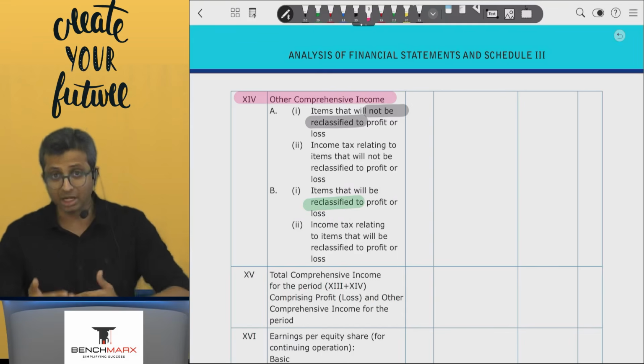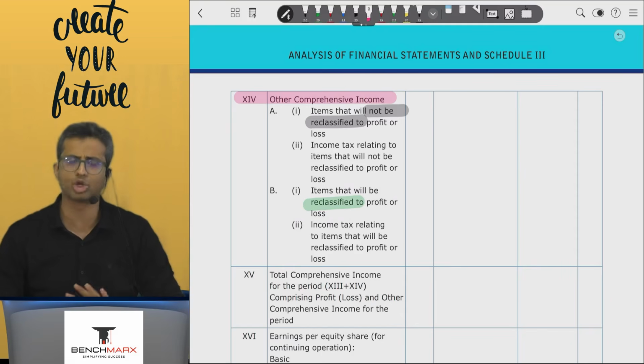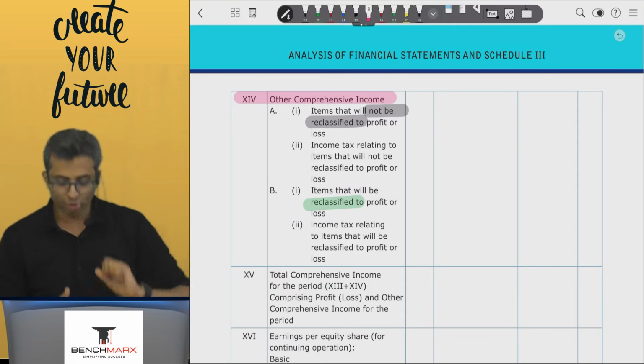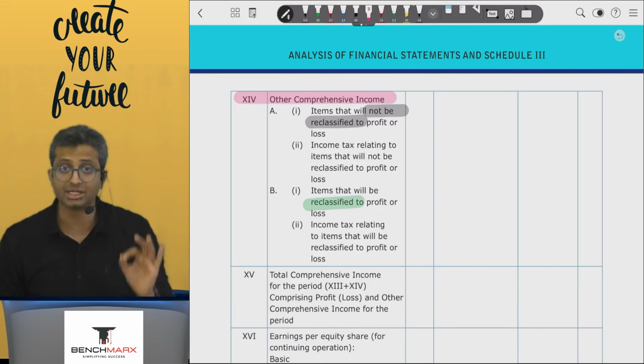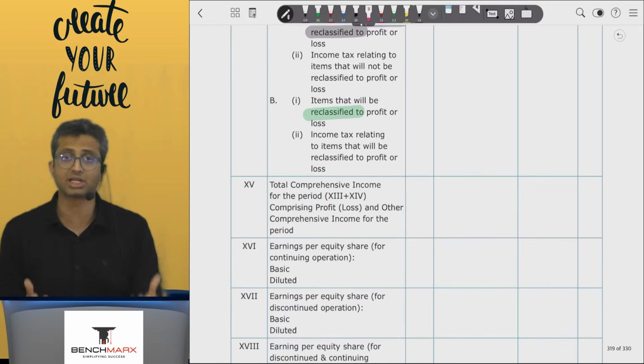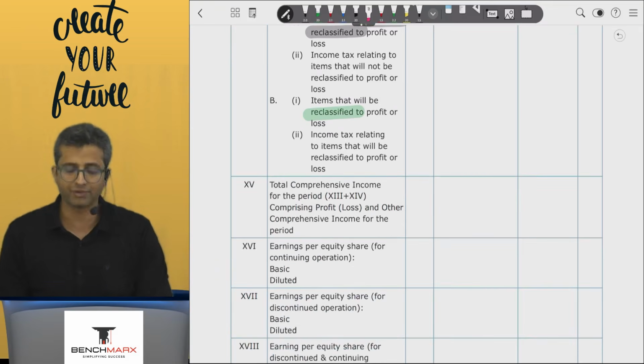So OCI comes, in placement, after your profit and loss. After PAT, you show OCI, and if your profit is 100 and your other comprehensive income, let us say, is 50, then your total comprehensive income will be 100 plus 50, that is 150.